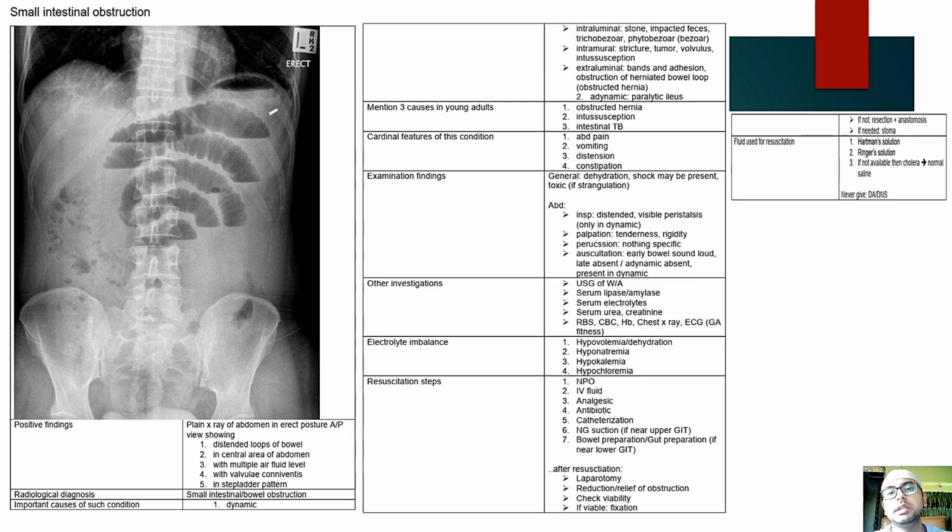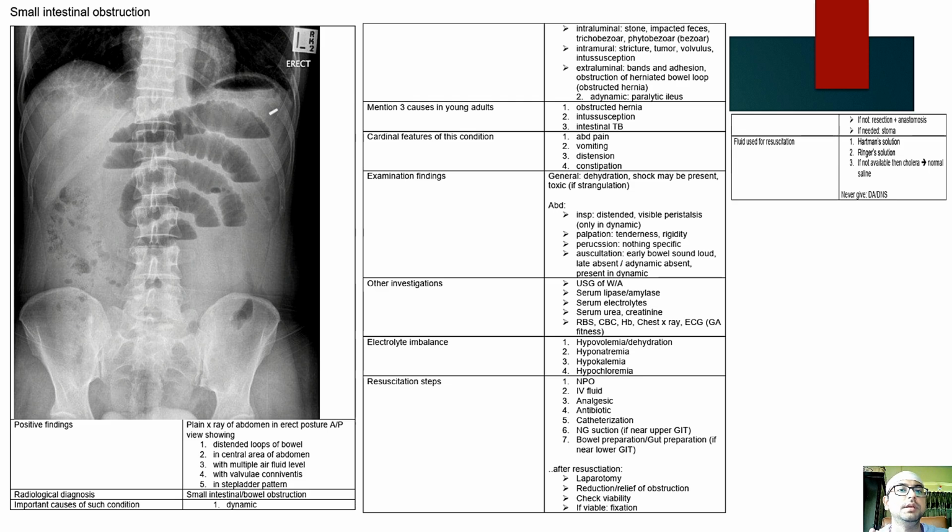After that, it will make more toxic chemical materials, so we need to remove it by gut preparation as soon as possible. After resuscitation, some patients might need laparotomy and reduction and relief of obstruction by surgery, and check the viability of the gut.